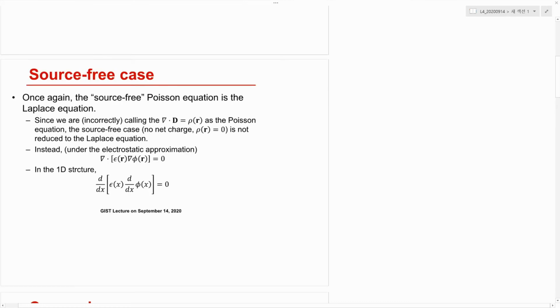So if we have the source-free case, what does it mean? If we have this kind of Poisson equation, then when we have the source equal to 0 everywhere, it becomes just a Laplace equation.